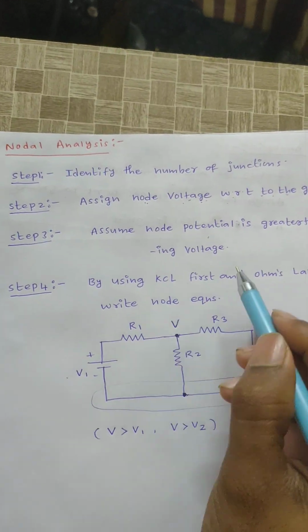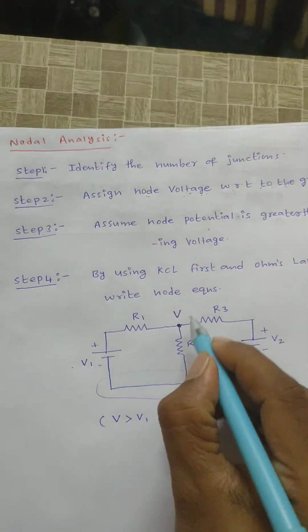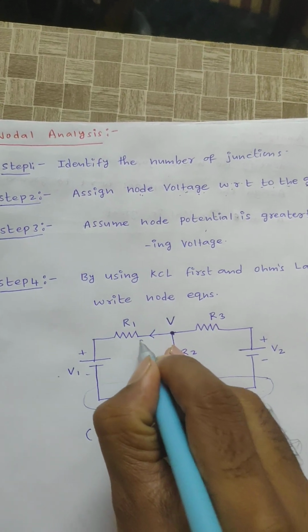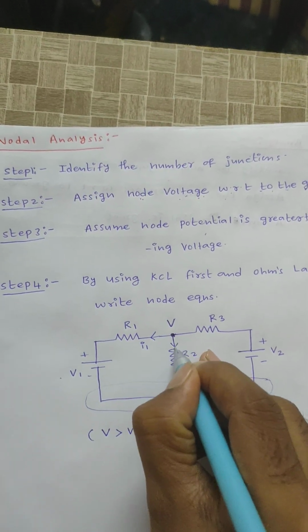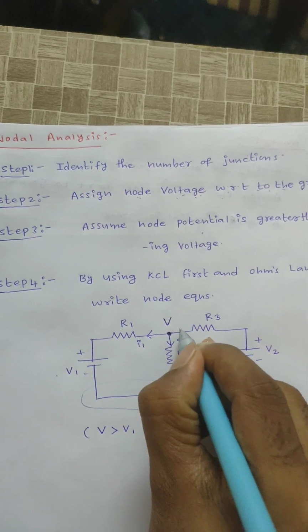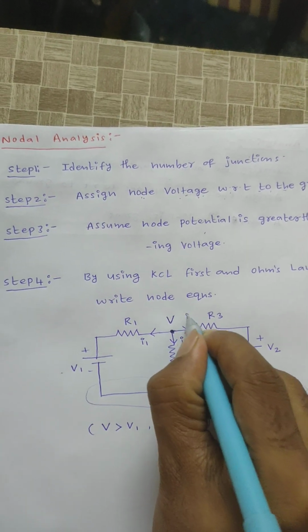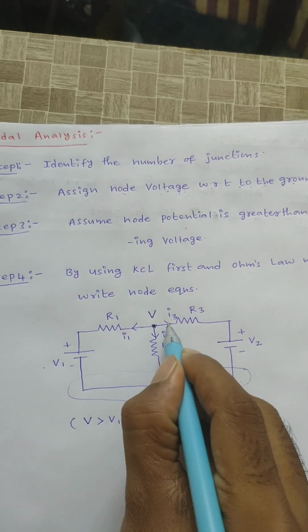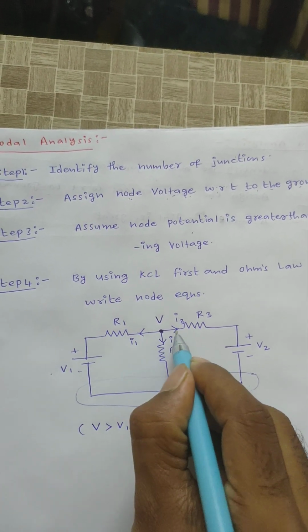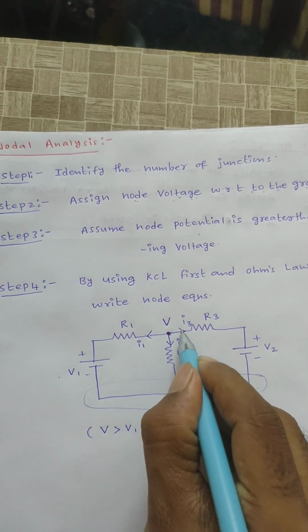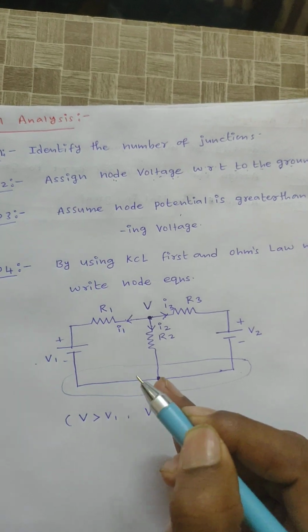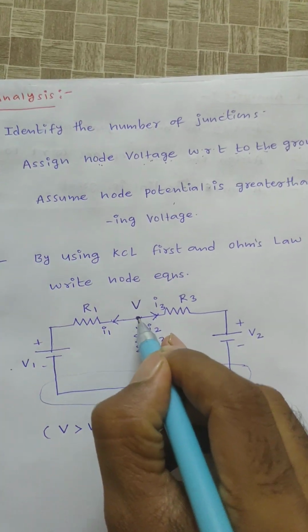After that, by using KCL first, here I am assuming currents I1, I2, I3. I am assuming three currents are flowing, and all three current directions are outgoing. Why outgoing?